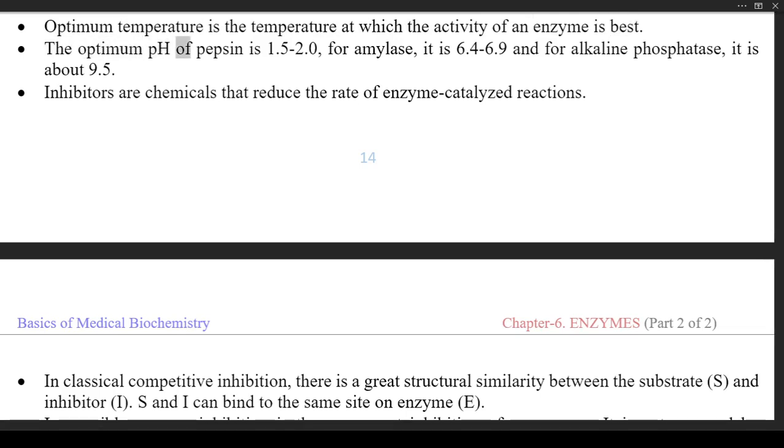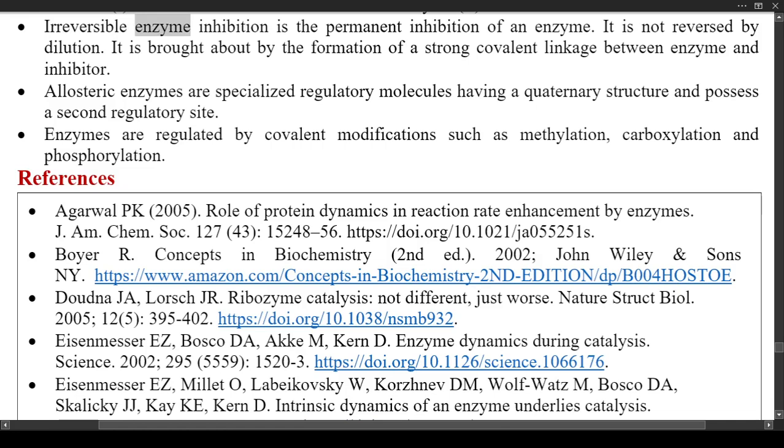The optimum pH of pepsin is 1.5 to 2.0, for amylase, it is 6.4 to 6.9 and for alkaline phosphatase, it is about 9.5. Inhibitors are chemicals that reduce the rate of enzyme-catalyzed reactions. In classical competitive inhibition, there is a great structural similarity between the substrate, S, and inhibitor, I. S and I can bind to the same site on enzyme, E. Irreversible enzyme inhibition is the permanent inhibition of an enzyme.